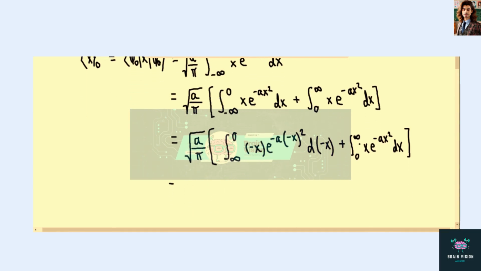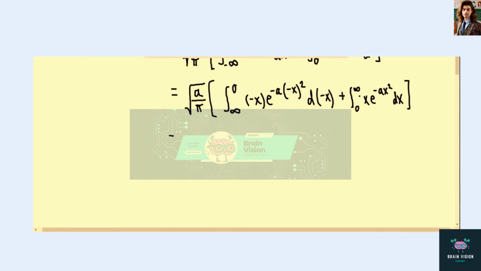So in doing that, we come to this next form. We flip the integral on the first integral itself, and we have a minus sign. Now notice that the minus sign on negative x right here has canceled with the minus sign in d negative x. And the minus sign in negative x up here has gone away because it's negative x squared.